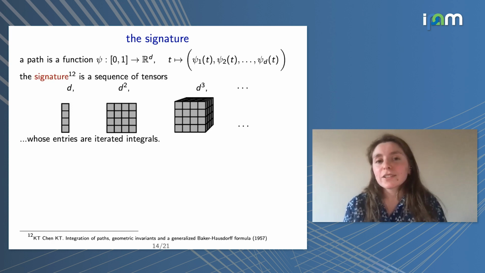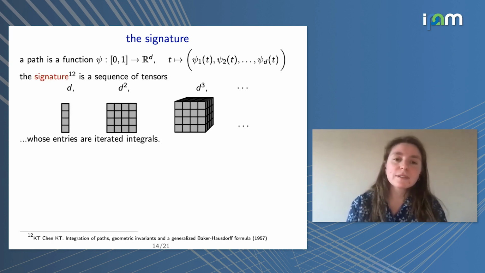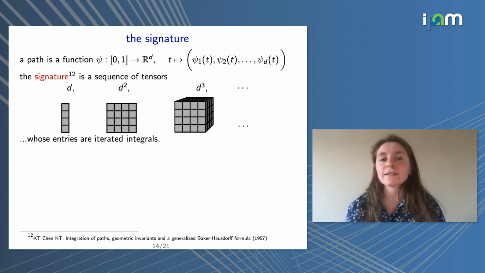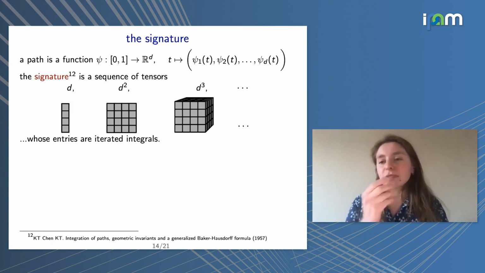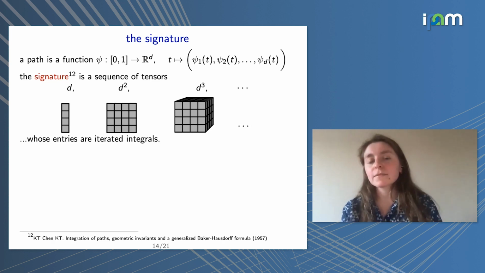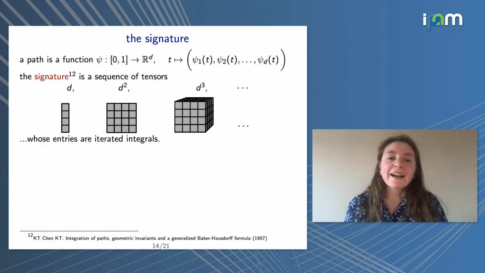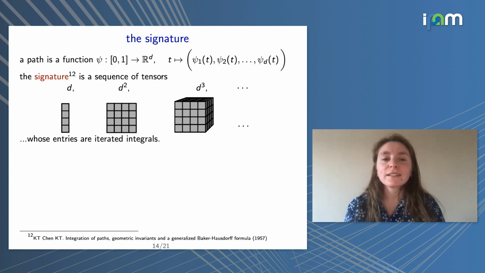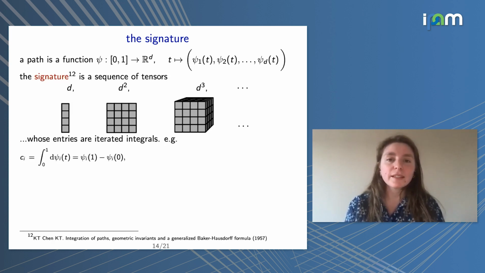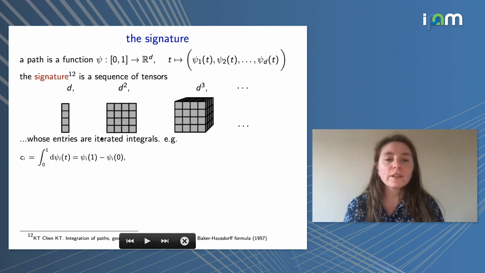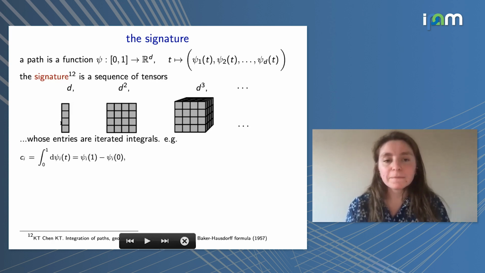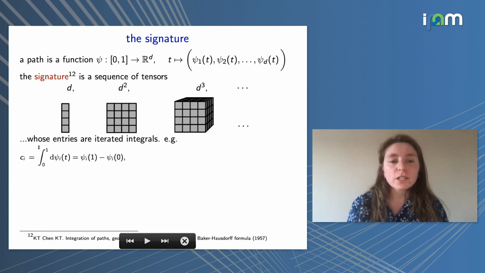All right, so now the signature is, as we saw for moments and cumulants on the previous slide, a sequence of tensors. So the first tensor will be a vector of length d, then we have a d by d matrix, then we've got a d by d by d tensor, and so on. And the entries of each of these tensors are certain iterated integrals. Okay, so for example, the ith entry of the first order part of the signature is given by this formula here.